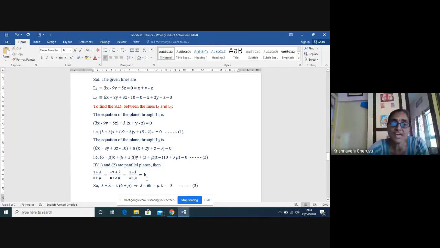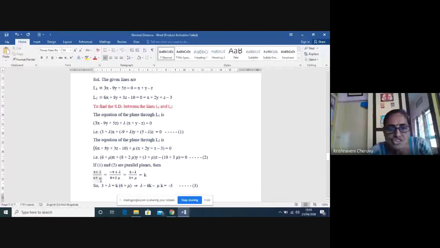I repeat once again, girls, to find out the shortest distance between these two lines which are in unsymmetric form, what we are doing first is finding a plane containing line L1 and a plane containing line L2, and we are assuming that these two planes are parallel. When the two planes are parallel, the ratio of drs of the normals to the planes are equal. So this is the ratio, and this is equal to k.